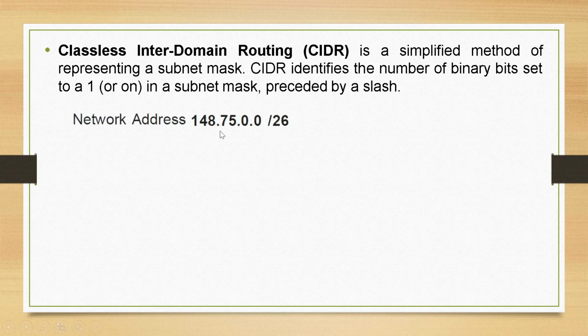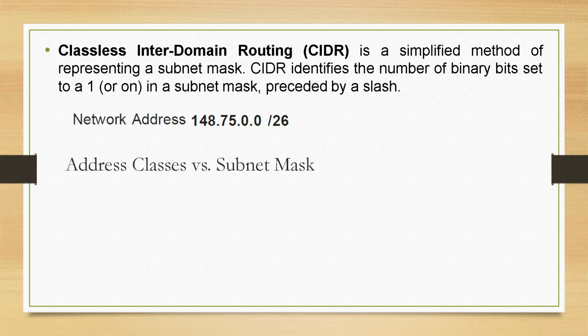So instead of writing the subnet mask, all you have to do is write the IP address slash this one. That means there are 26 bits in this subnet mask that are allocated for your network address. So later we will see that one.